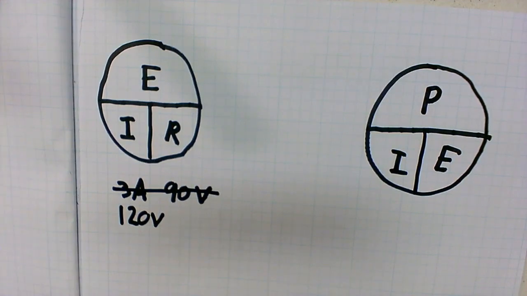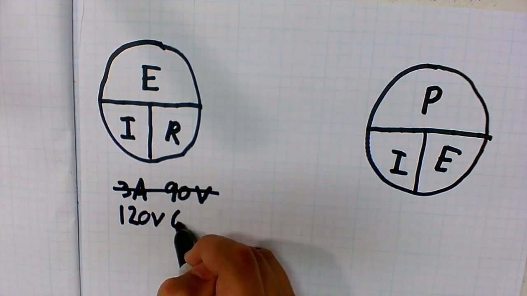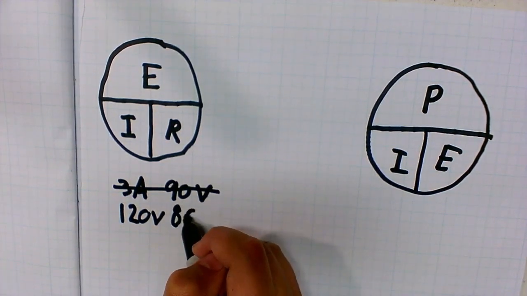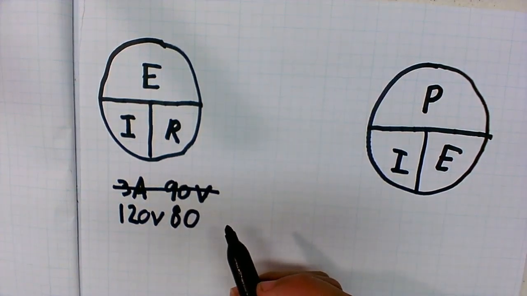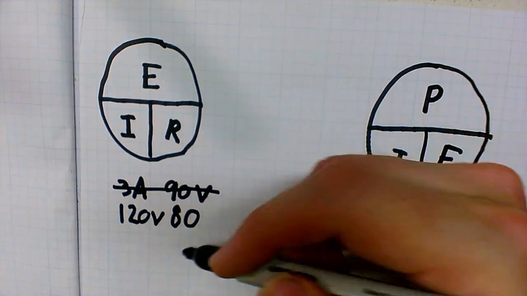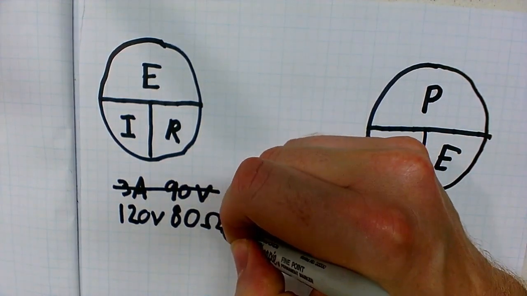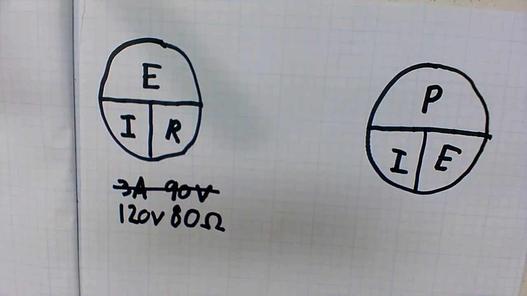And then the other thing they gave us was a resistance of 80 ohms. So we'll write 80 here. And then ohms would be, do you know how to make it? I'll show you. Like that. That's the ohms.